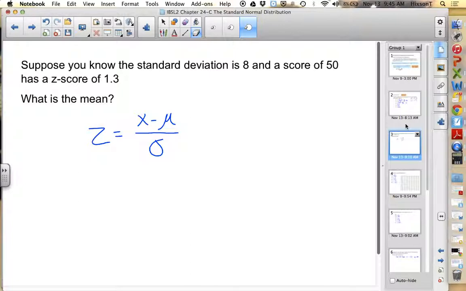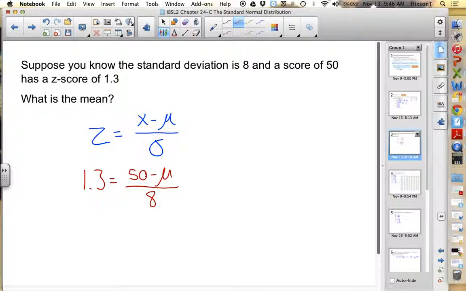So we're doing a little bit different. We can actually use this to find out what the mean had to be. Okay? So we know the z is 1.3. What goes in for x? 50. We're trying to solve for mu. Okay? And sigma is 8.